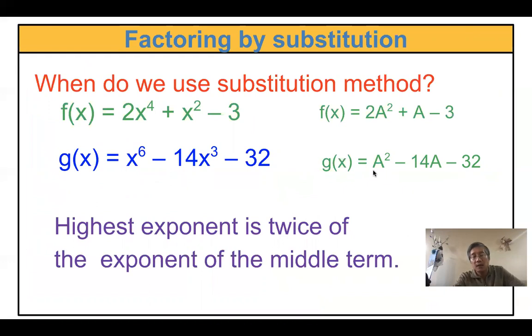And then replace a with x cubed: x cubed minus 16 and x cubed plus 2. That will be the answer. X cubed minus 16 times x cubed plus 2. X cubed and then a number, I will not go further. So just leave as it is. It's not a square, all right?